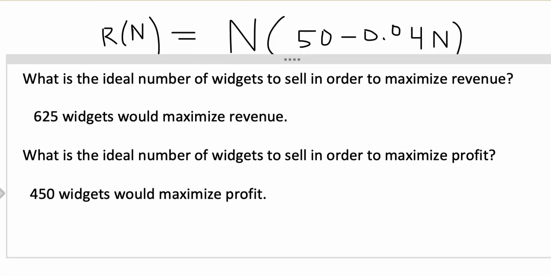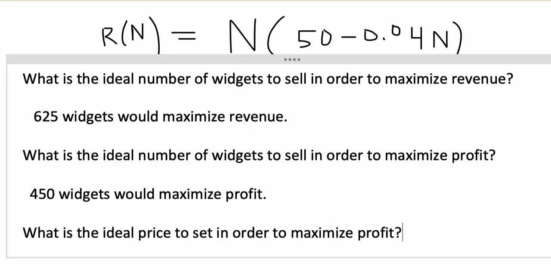But now, how does the business actually control how many widgets get sold? It's not just based on how many they make. That's not necessarily the thing that determines it. It's the price that they set. They're trying to read the market. They're trying to determine what our ideal price to set is. So what is the ideal price to set in order to maximize profit?